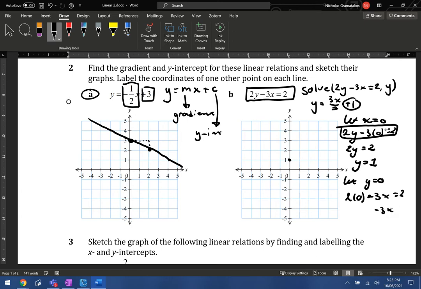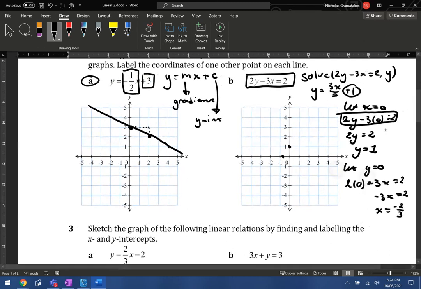I'm going to get negative 3x equals 2. Dividing both sides by -3 will give me x equals -2/3. And that is our x-intercept. And -2/3 is just a little bit smaller than -1. When I say smaller, I mean closer to 0. So I'm going to put a little dot right about here. And I'm going to put a straight line between those two.